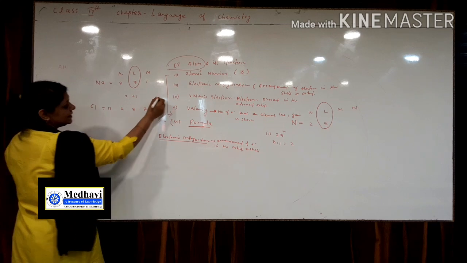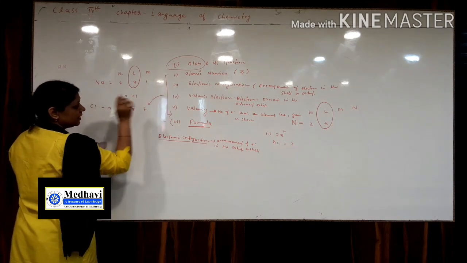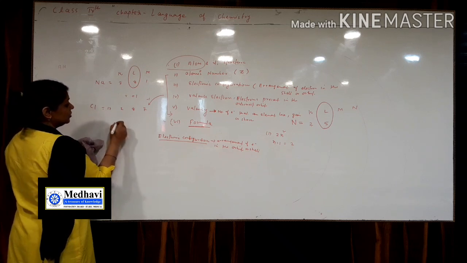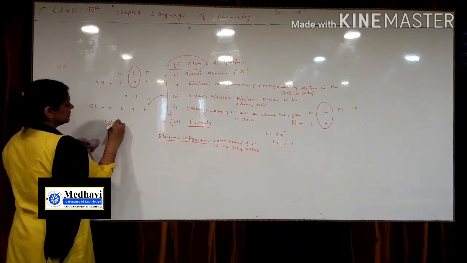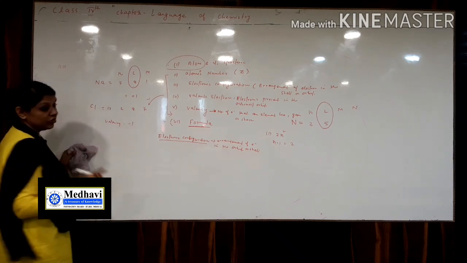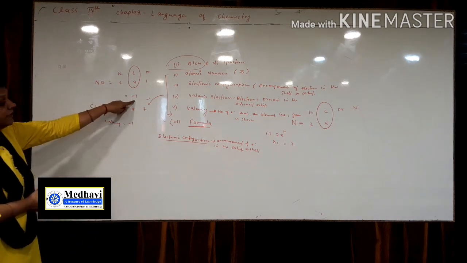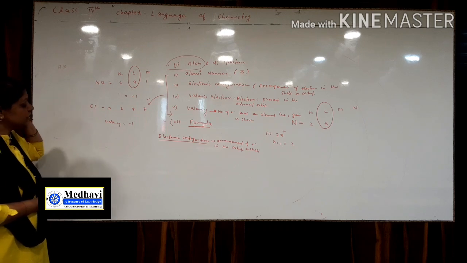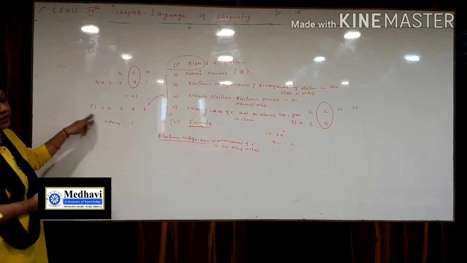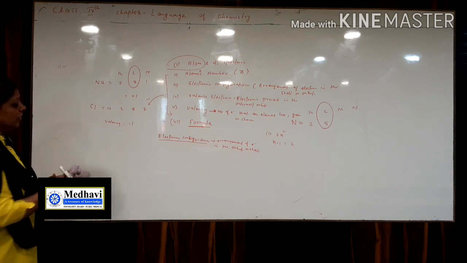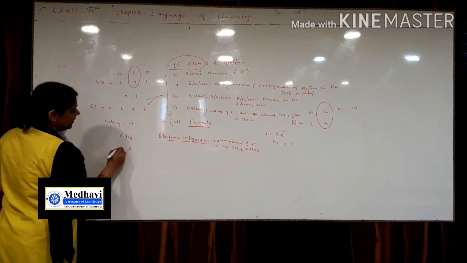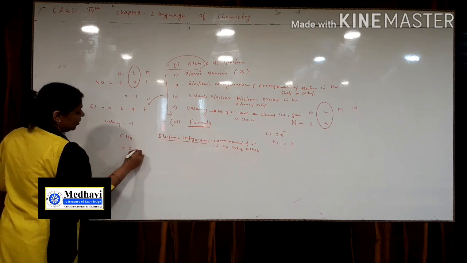If chlorine takes one electron from another element, then its stability can be fulfilled. So its valency is minus 1. One thing to remember, those which are positive charge bearers are called metals, and those which are negative charge bearers are called non-metals.